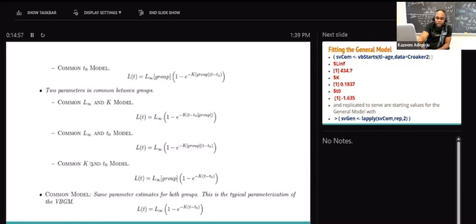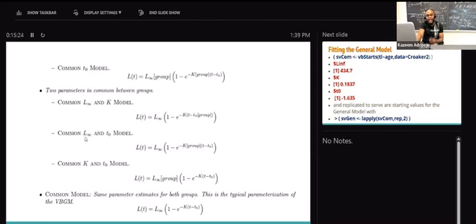When you compare the parameters on a pairwise level, the number of possibilities is going to be 3. The first one is when L infinity and K are common. You are not going to see group attached to L infinity and K, but you're only going to see group attached to T0. Look at that. That's so beautiful.